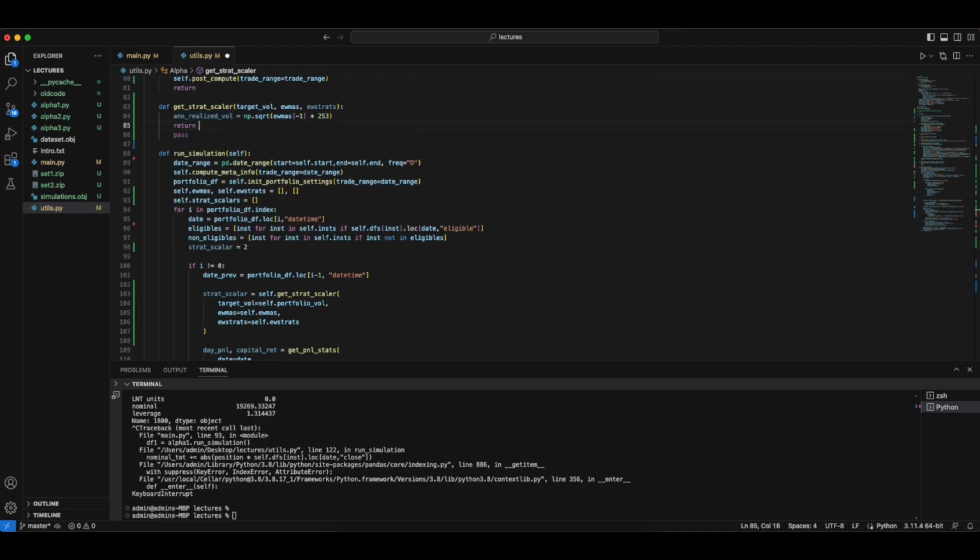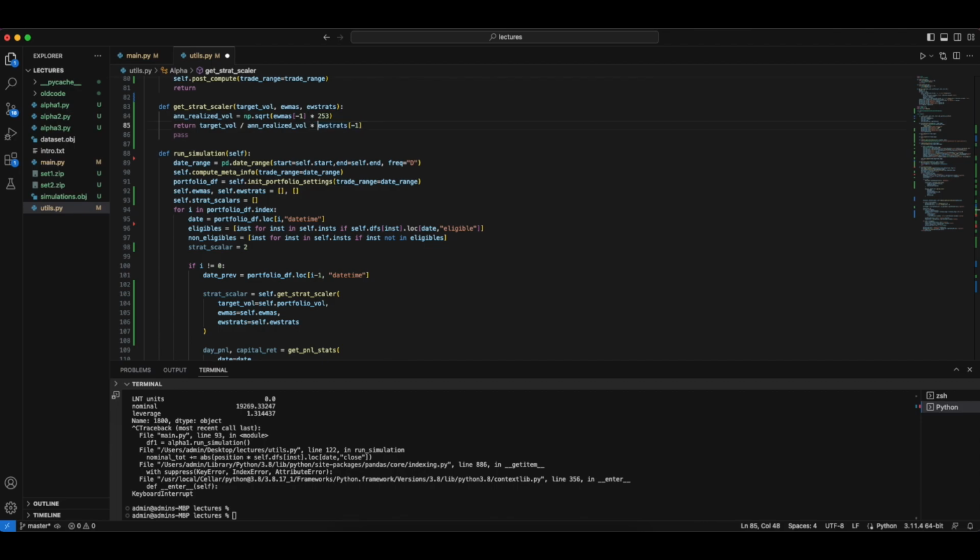And as we said, we're going to take the target volatility divided by the annualized realized volatility multiplied by the current strategy scalar that we are already implementing. The reason why we have to multiply by this is because this annualized realized volatility is a result of using this strategy scalar.